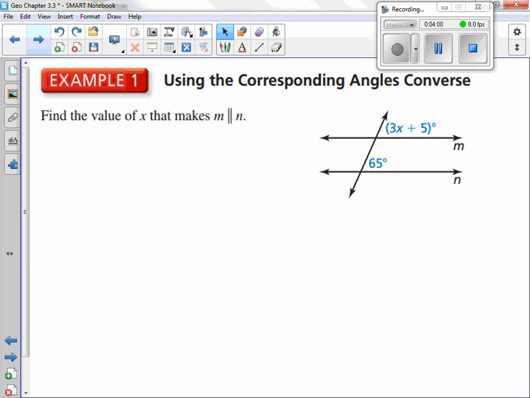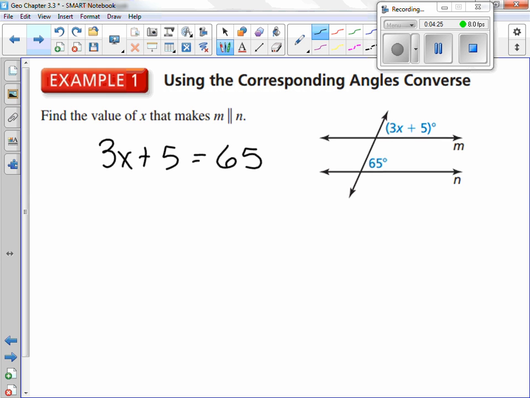The lines would be parallel, yes? So that's what we're going to do. We're going to set 3x plus 5 equal to 65 degrees, because if these two are equal, it means the corresponding angles are equal. And if the corresponding angles are congruent, it means the 2 lines are parallel.